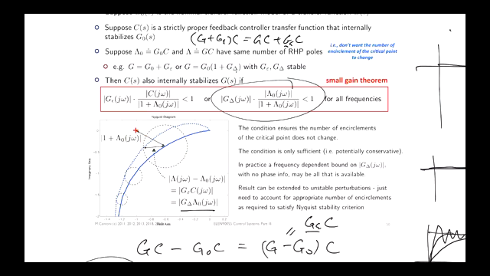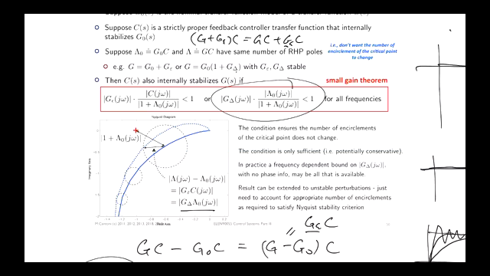But I'm considering the worst case where the perturbation pushes you directly towards the critical point -1. To know what's happening, I would need to know the phase of the perturbation. But if I know the phase and the size of the perturbation, I know everything about it and it's not uncertain anymore. So this is potentially conservative as a stability result.